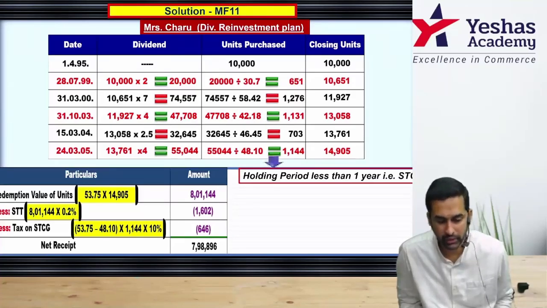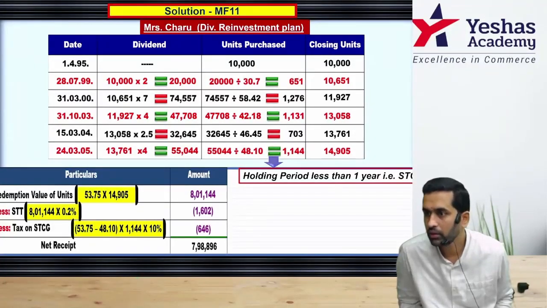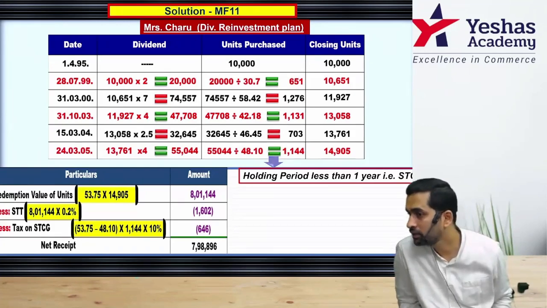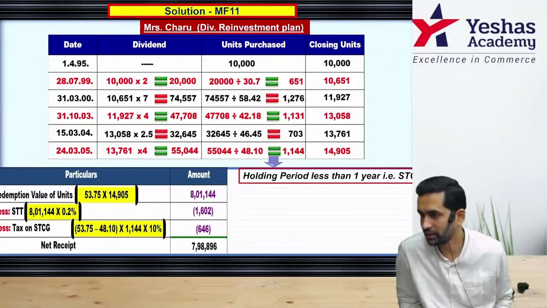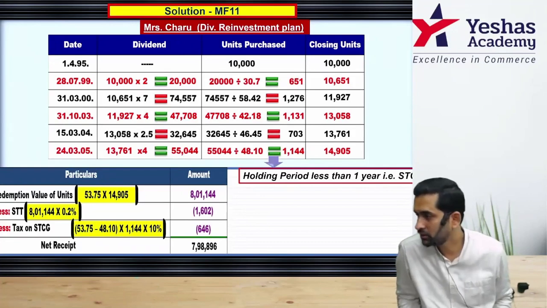You're selling at 53.75. On that day, NAV is 48.10, and on that you have to pay 10% taxes. Sorry, can be, but I have not considered that. Net receipt: 798,896.